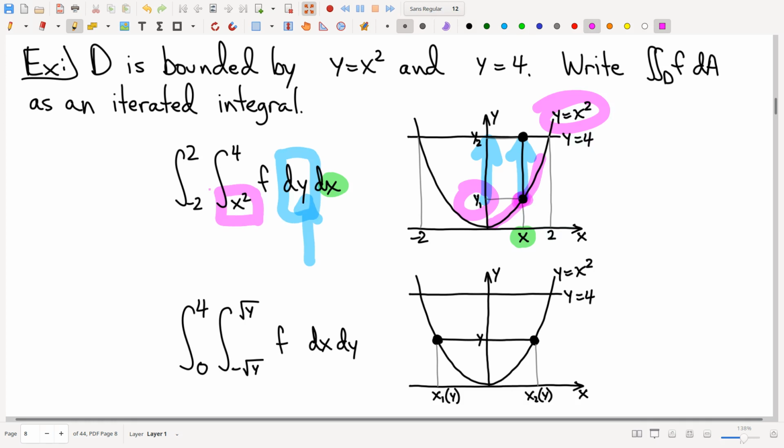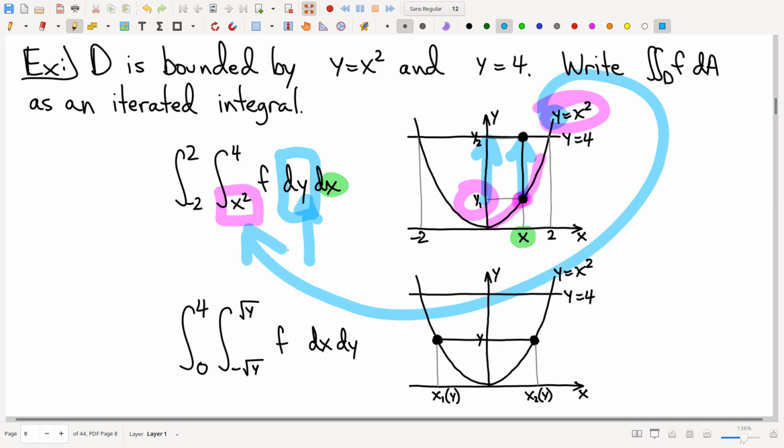And if you want to find a y bound, then you need to solve for y in the equation in question. And solving for y in this equation gives you x squared. Notice y is a function of x. Said differently, the inside bounds are functions of the outside variable. Cool? All right.